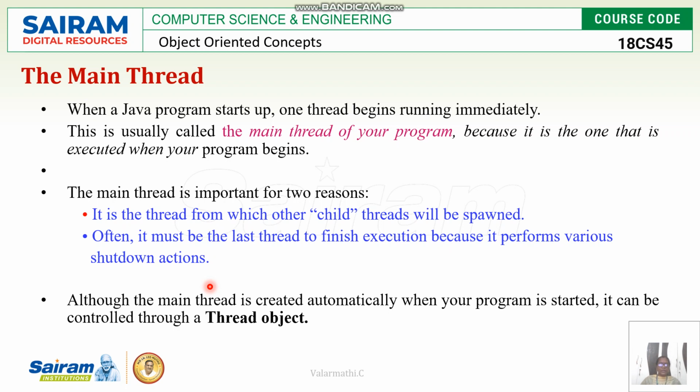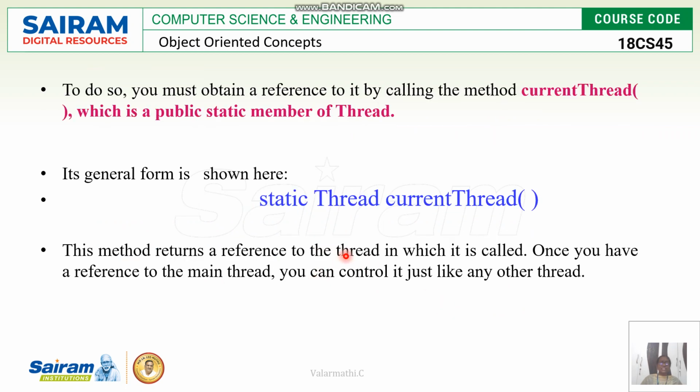What is the important point to be noted about the main thread? It is a thread from which other child threads can be spawned, and often it must be the last thread to finish execution because it performs the various shutdown actions. What is the general form?